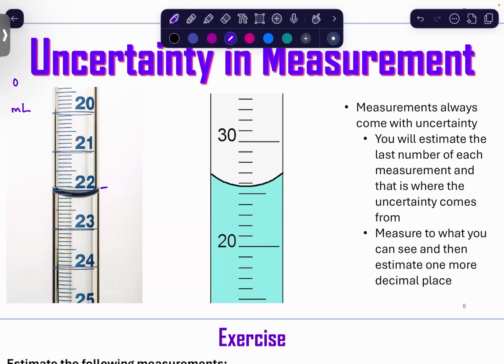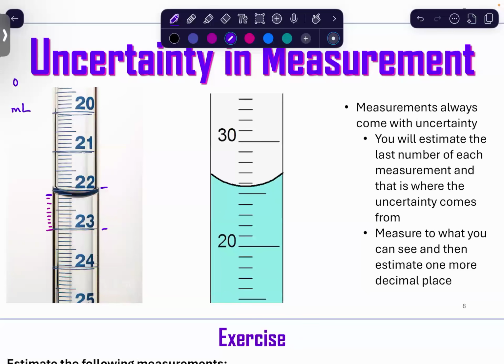Now, if I know that's 22 and that's 23, and then I look in the middle, I can see 1, 2, 3, 4, 5, 6, 7, 8, 9, and then 10. So each one of those hash marks is 0.1 milliliters to get us from 22 to 23. Now, I can see that it definitely crosses the 22.1.